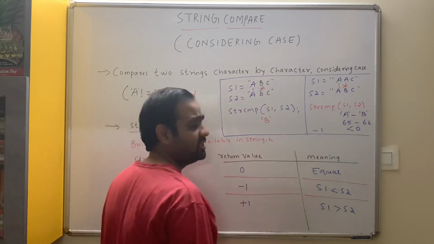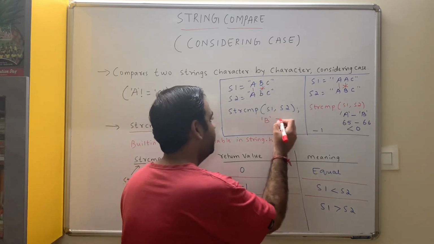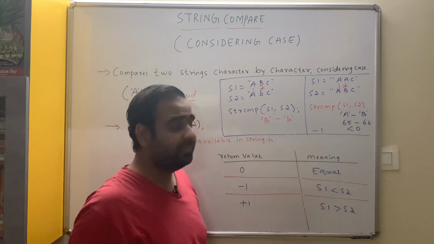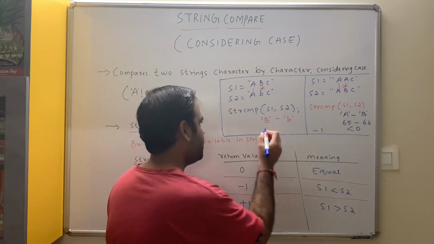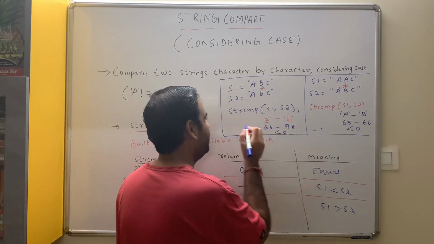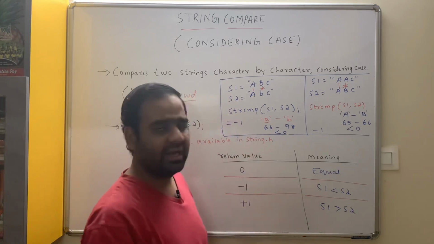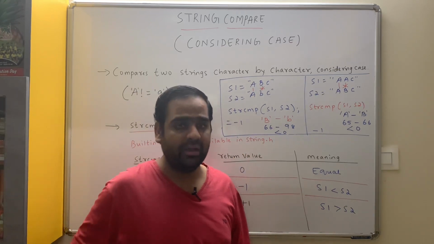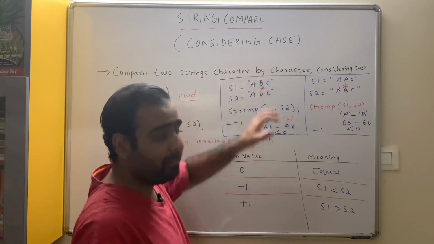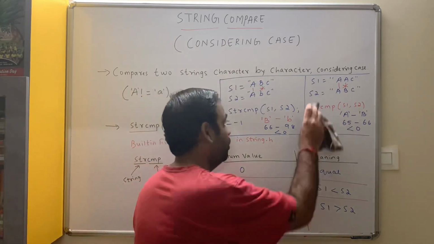S1. The mismatched character is uppercase B minus lowercase b. What is the ASCII value of uppercase B? It is 66 minus the ASCII value of lowercase b, which is 98. Again it is less than 0. Therefore it gives answer as -1. You note one thing, it is considering the case. That means uppercase a is not equal to lowercase a.